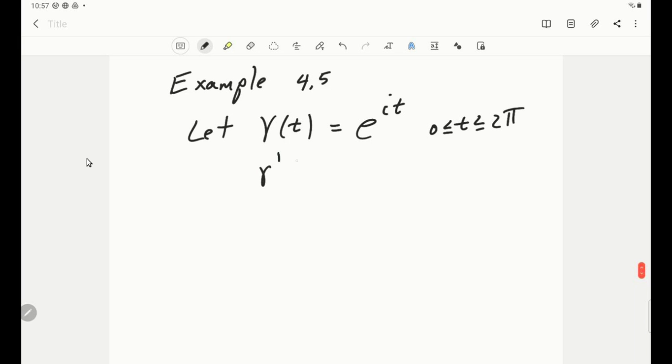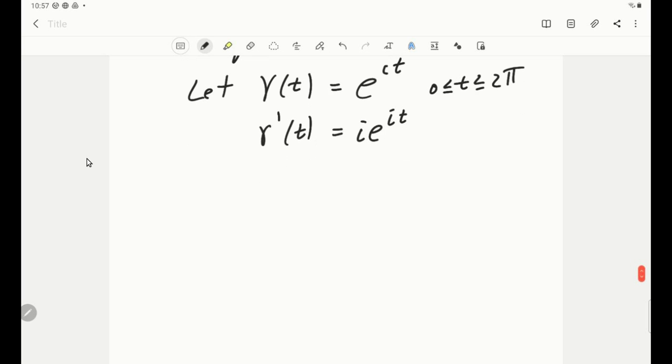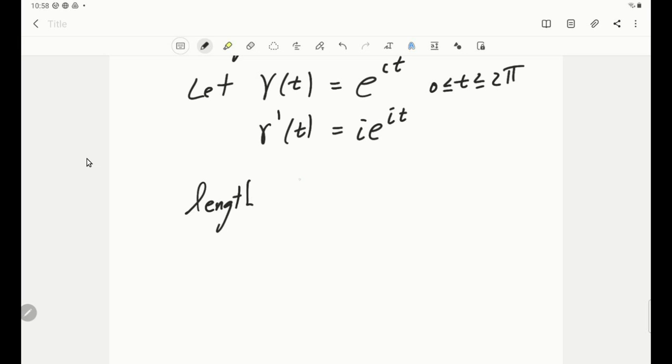So gamma prime is equal to e to the it times I, so I e to the it. Now the length of gamma is equal to the integral from 0 to 2 pi of the absolute value of I e to the it dt.